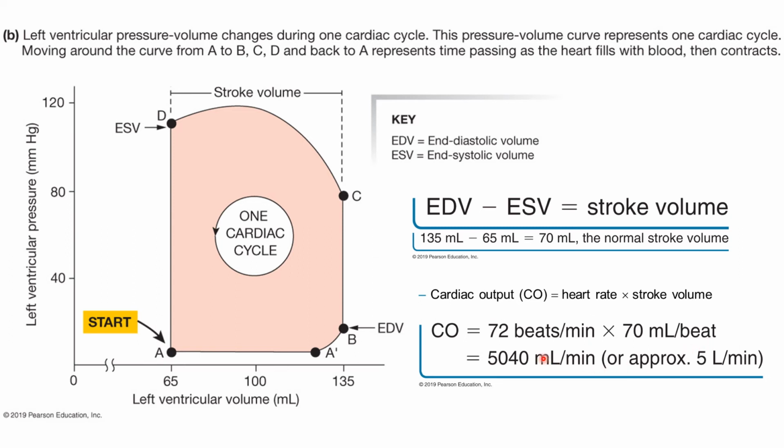If you multiply the heart rate by the stroke volume, you get your cardiac output, and unit-wise, it's how much blood we are pumping per minute. So you're going to say either liters per minute or milliliters per minute. Basically, it's a volume per time unit.